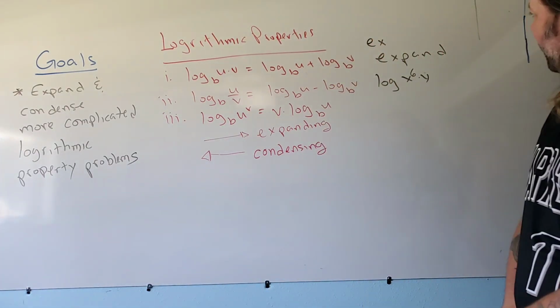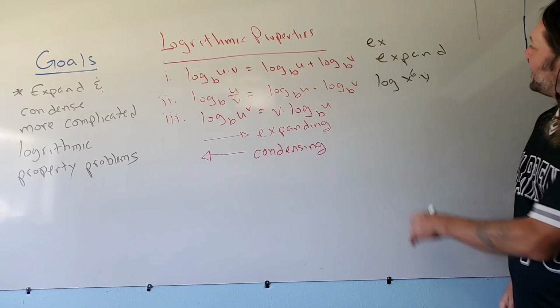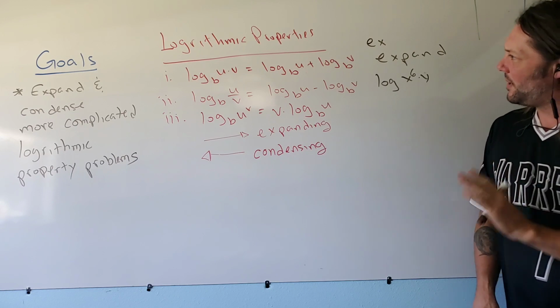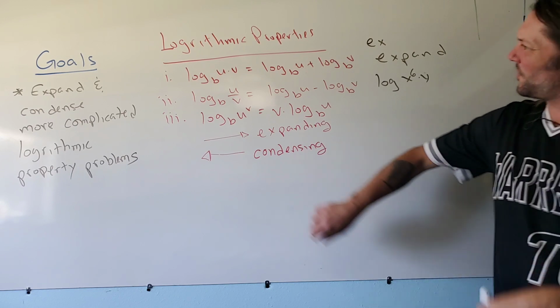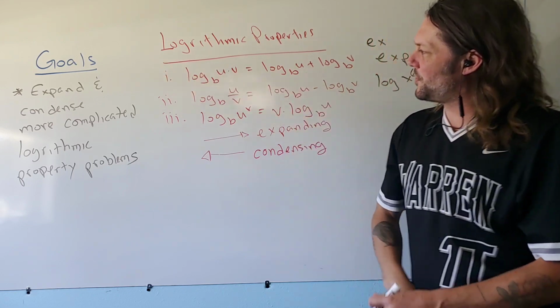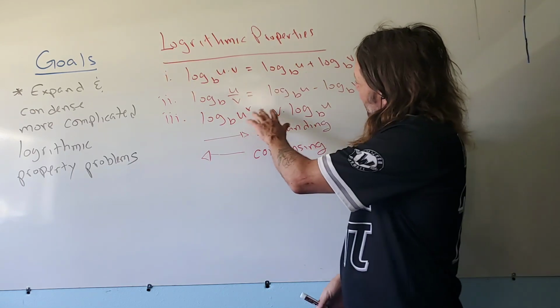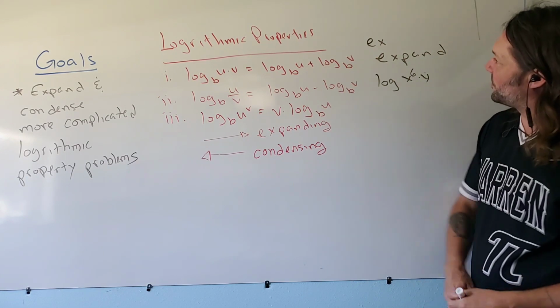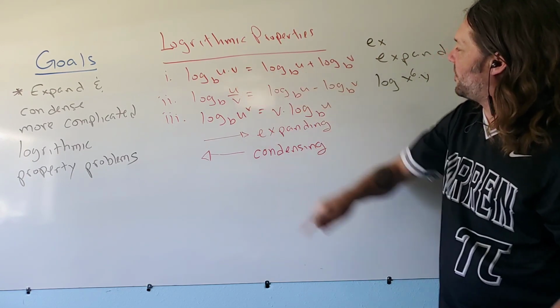Alright, so here I'm asking you to expand a little bit more complicated problems. What I'm going to recommend is, let's try and do the first properties first. Let's worry about this guy last. The first property is where I have a number times another number.